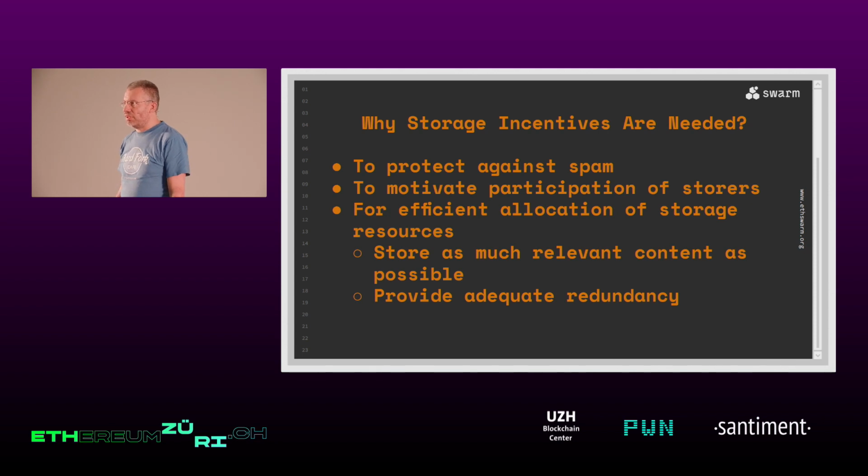And here the emphasis is on relevant, because we actually want those who upload to prioritize what they actually really want to upload and for how long they want everybody to store it. And we also want to provide adequate redundancy, meaning that we expect some churn in the network, so nodes come and go, and we want to make sure that content is not lost because some nodes go offline.